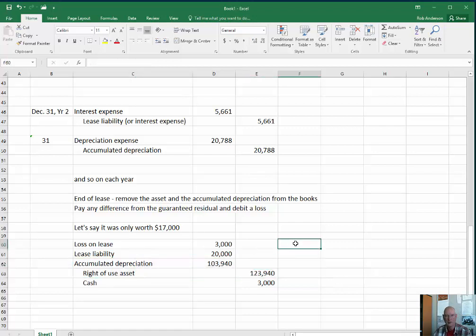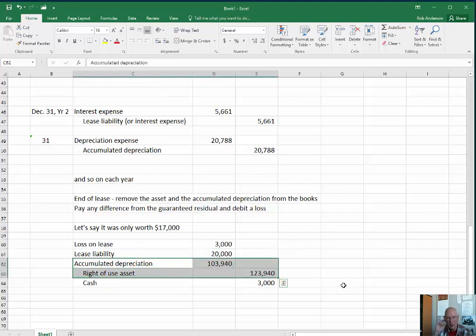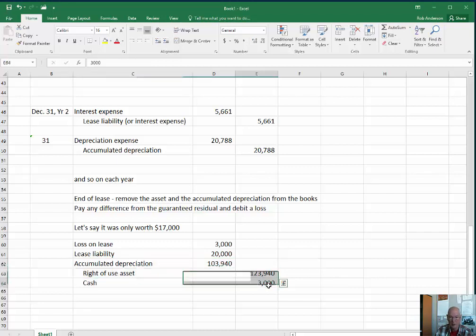So all of these come together. And like I said, we're doing three things. We're recognizing our loss, we're removing the liability, and we are removing the asset and the associated accumulated depreciation. And of course, to do that, we had to pay cash.